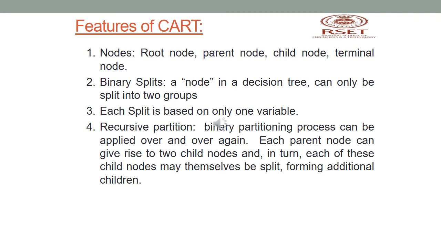And the third one is recursive partitioning. The binary partitioning process can be applied over and over again, and each parent node can give rise to 2 child nodes, and in turn each of these child nodes may themselves be split, forming additional children.